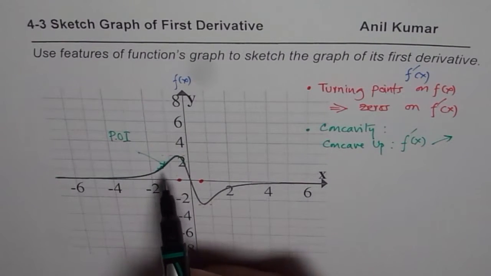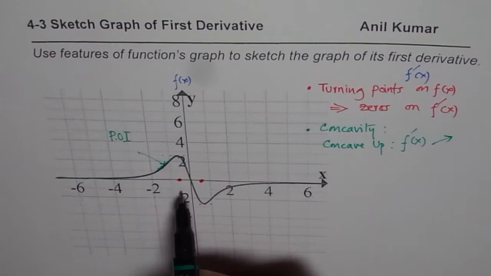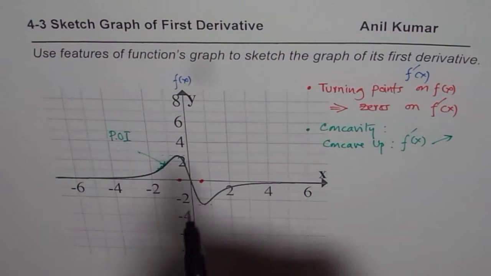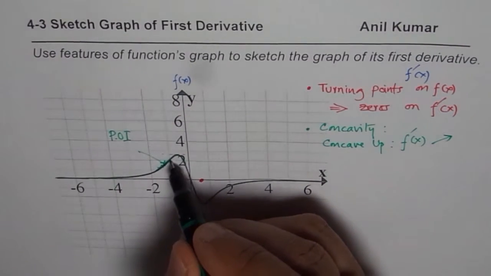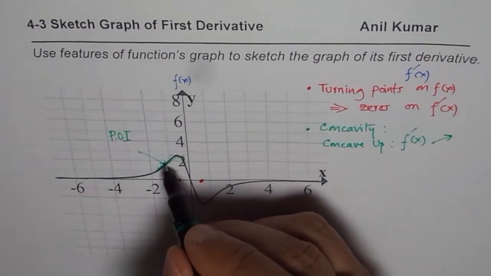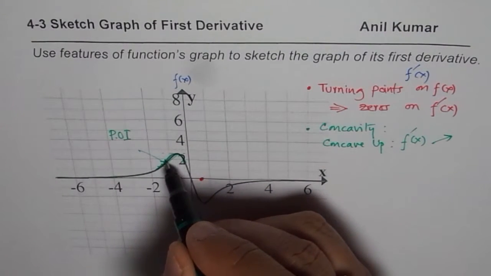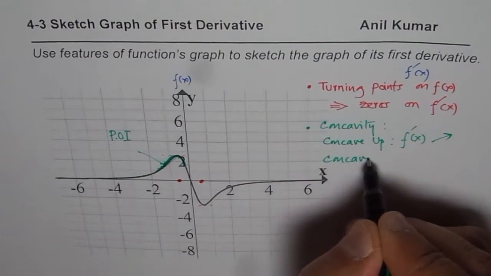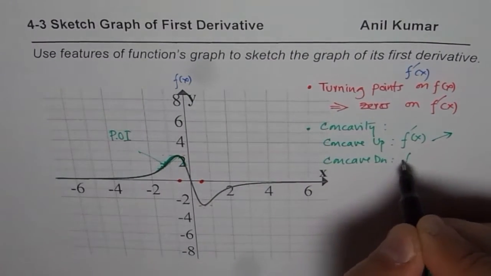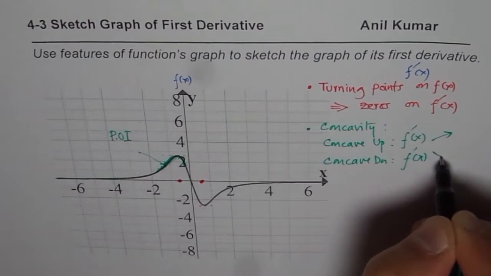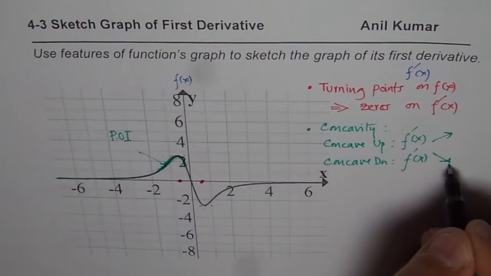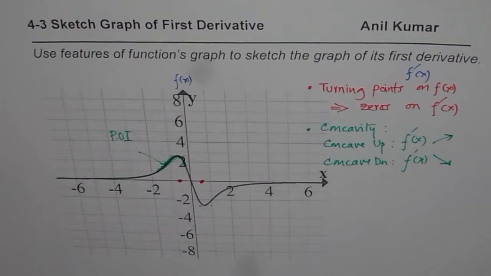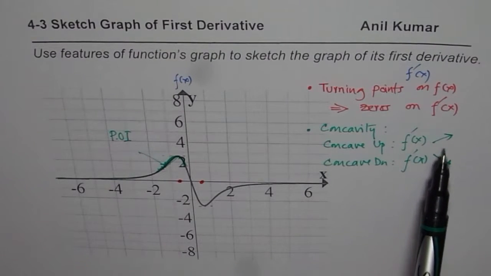So at the point of inflection it is still positive. The tangent which I draw here will be positive, right? So it is concave down, right? This portion is concave down. So when we say concave down, in that case derivative is decreasing. Decreasing doesn't mean negative, remember that part. Decreasing means it is lesser than what it was, correct?